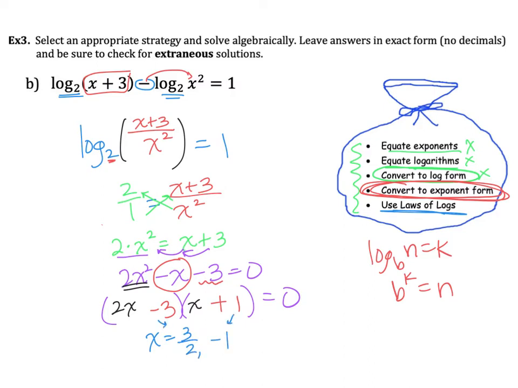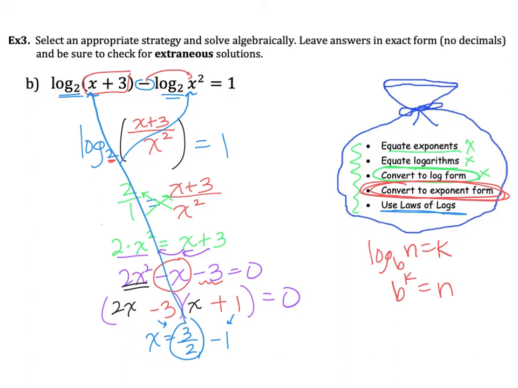Now, are both of these solutions going to work? We don't know. We need to check it. So when you plug in positive 3/2, am I going to get any negative number in either of these locations? No. 3/2 plus 3 is 4.5. 3/2 squared is a positive number, so it should work, but you can do the math to check it.